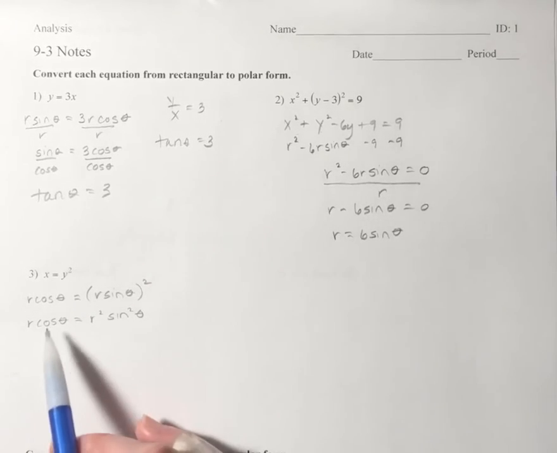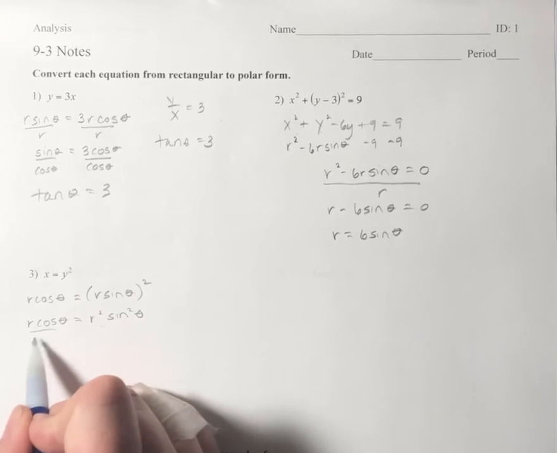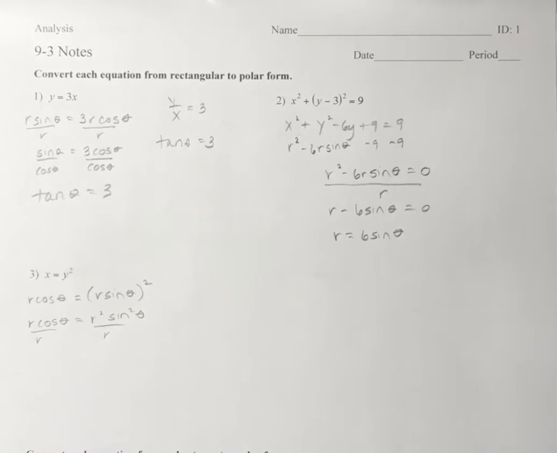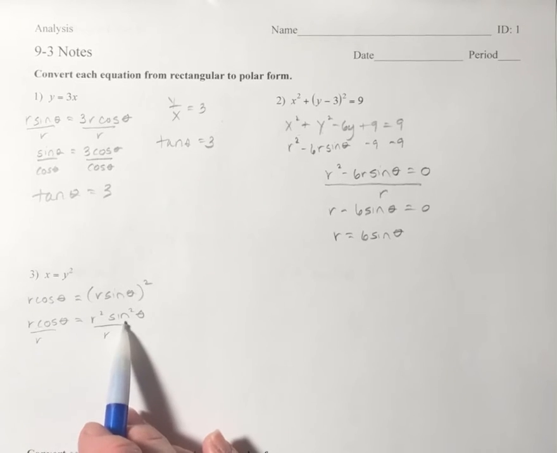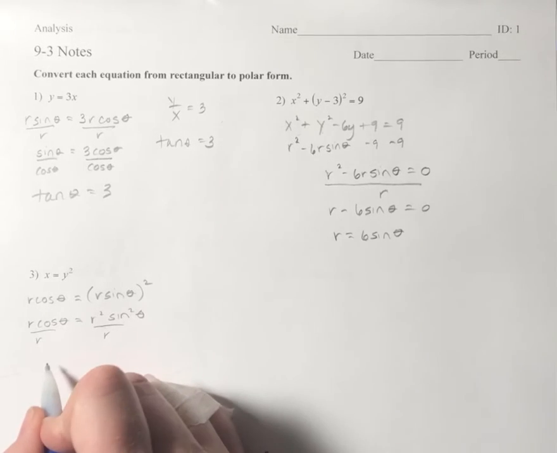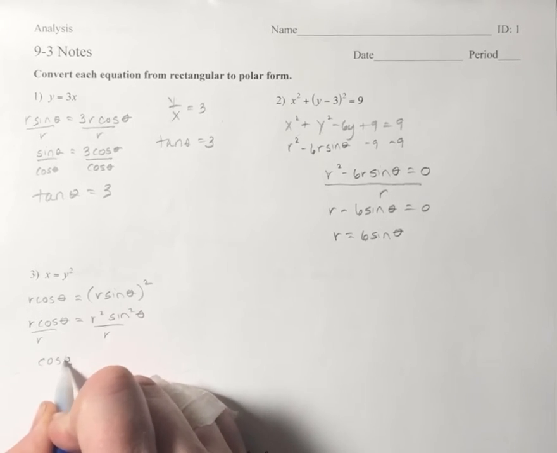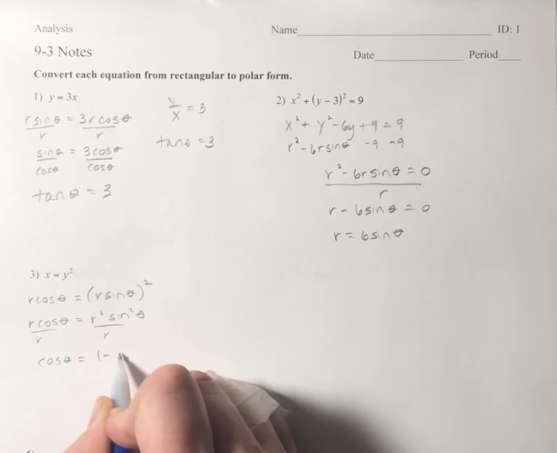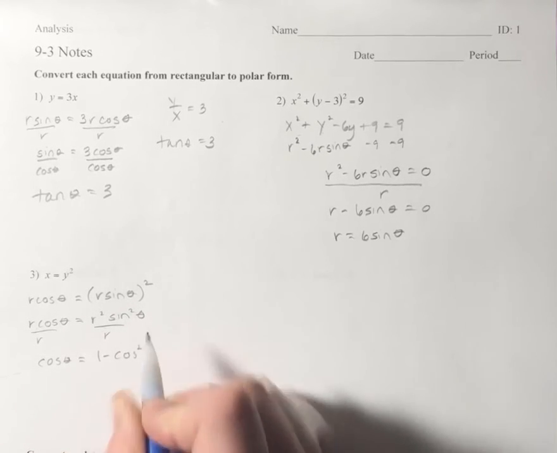Same as the last two problems, I can divide by an r. Now, I have a cosine and a sine squared. Going back to those identities, sine squared is equal to 1 minus cosine squared. So I can replace that. So I have cosine theta equals 1 minus cosine squared theta.